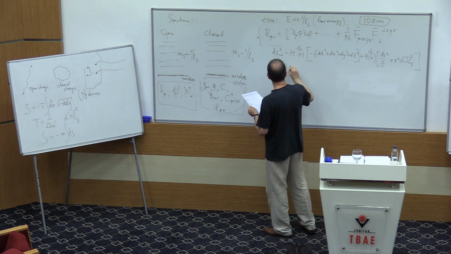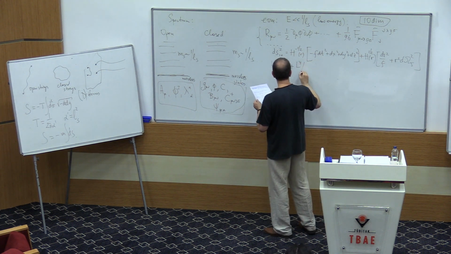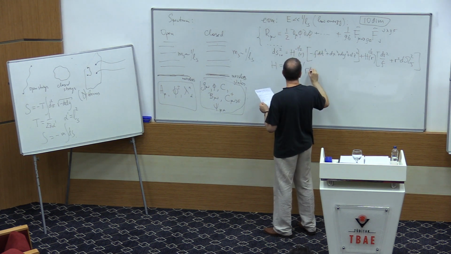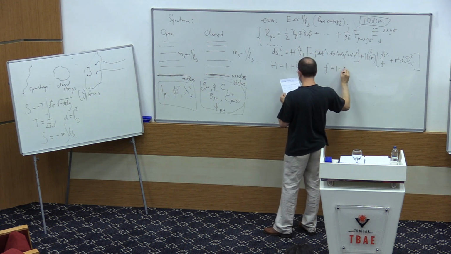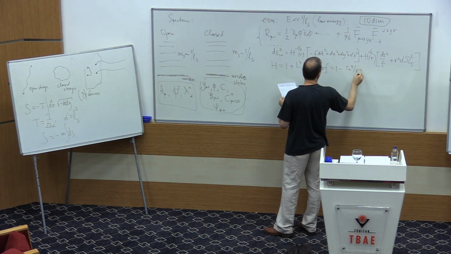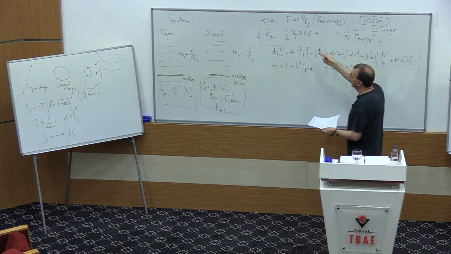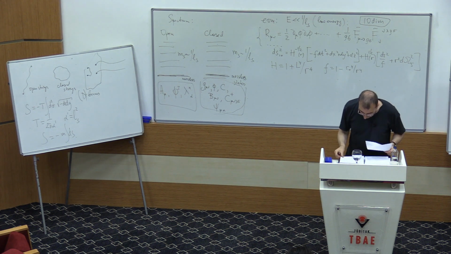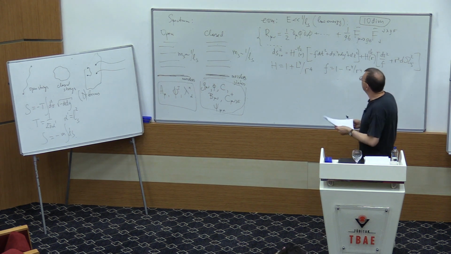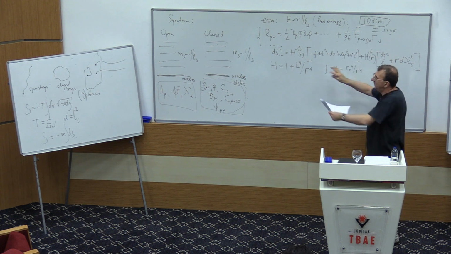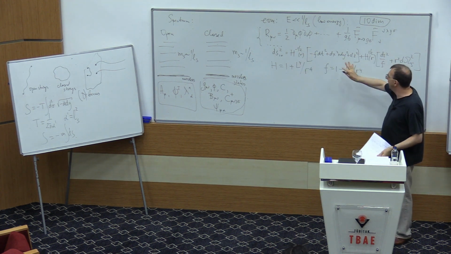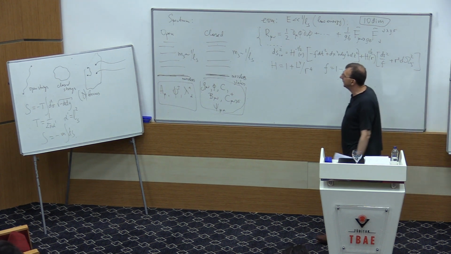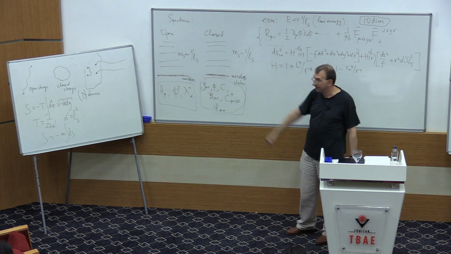And h is 1 plus L to the 4th, some parameter which depends on Ls, divided by r to the 4th, and f is 1 minus r0 to the 4th over r to the 4th. This is an exact solution of these low energy equations of motion. Very good. It resembles a Schwarzschild solution, and we come back to this in a moment. But so far, I just stress that this is an exact solution of 10-dimensional low energy closed string theory.